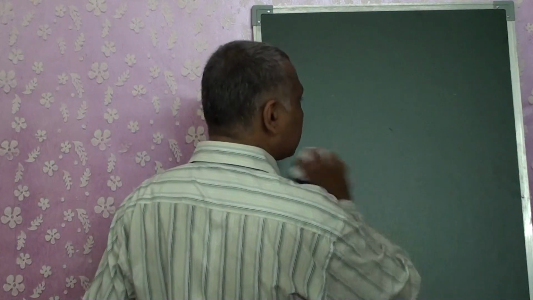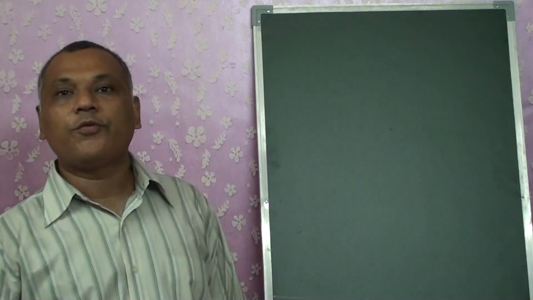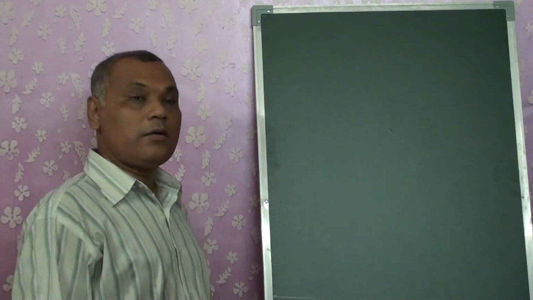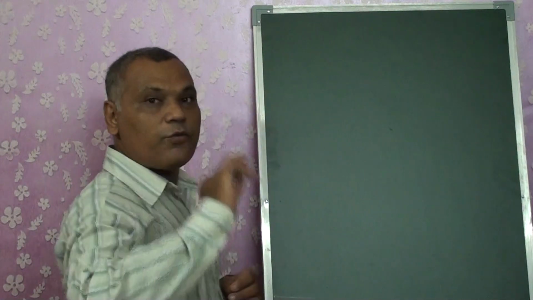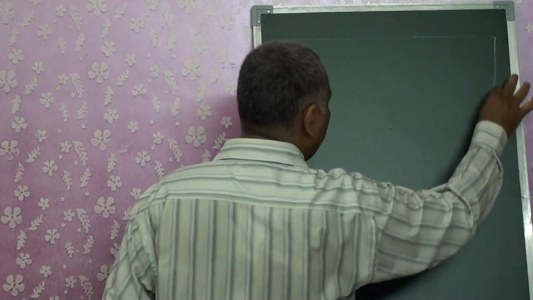So, to calculate the empirical formula or molecular formula, first of all, we'll understand the steps we will have to proceed with to get the numerical solved, before we do one or two numericals. Now, when we want to calculate the empirical formula, first of all, we'll prepare one simple table.